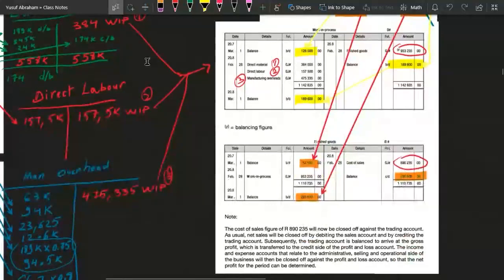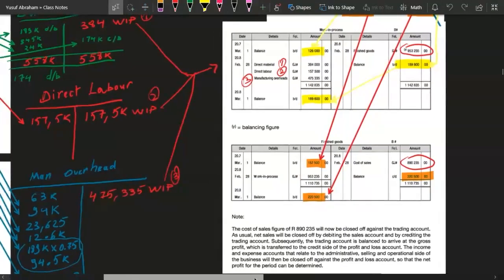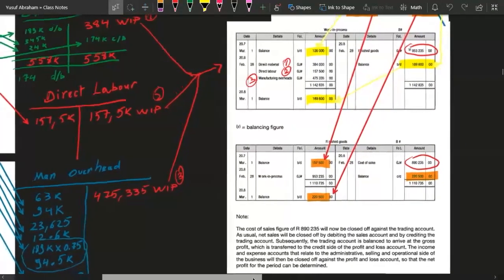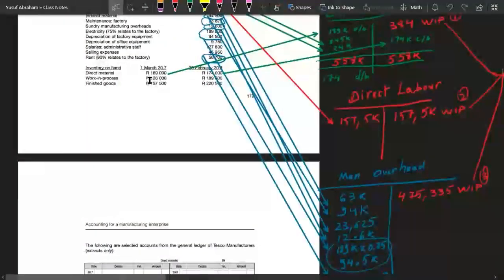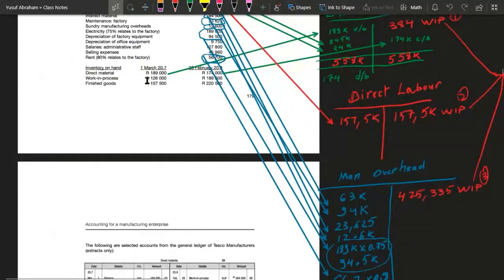So in our work in process, we receive this from these three accounts: direct material, direct labor, manufacturing overhead. These exact amounts, that's what we're going to receive. But we're going to check, is there an opening balance for work in process? At the end of last year, this is what was left for the work in process, 126,000.